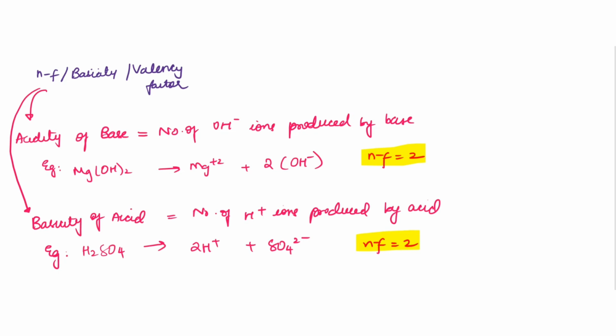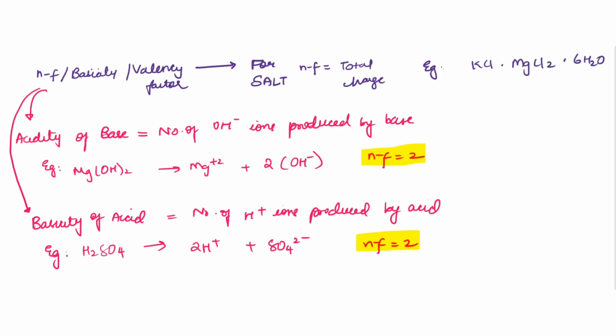So we saw what is meant by n factor for an acid and for a base. Now let's see what the term n factor or valence factor means for a salt. N factor here means the total charge carried by that salt. Say for example, I give you this salt: KCl.MgCl2.6H2O.